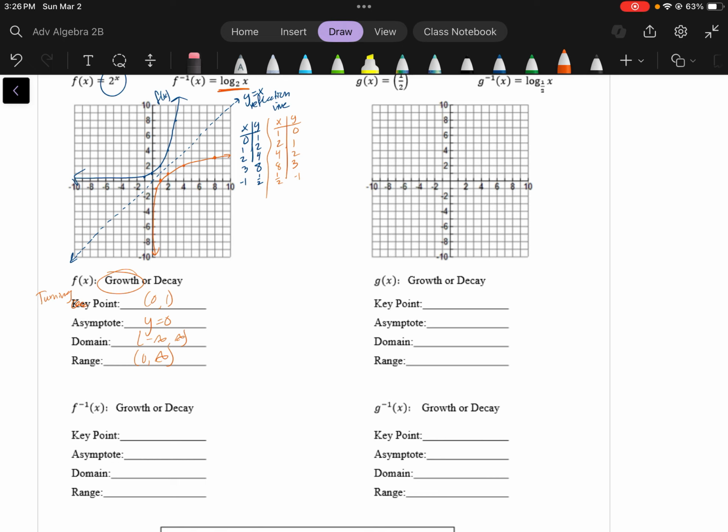They're the reverse of them. So for the turning point, you just switch your x and your y, and so it'd be (1, 0). The asymptote, instead of y equals 0, is going to be x equals 0, so that'd be a vertical asymptote. And then the domain and the range are going to switch. So the domain is now 0 to infinity, and the range is negative infinity to infinity.